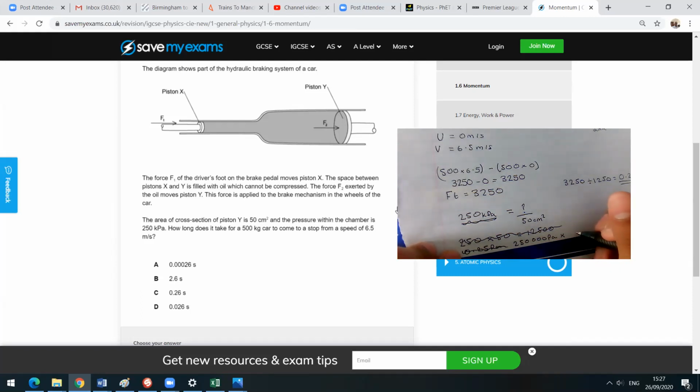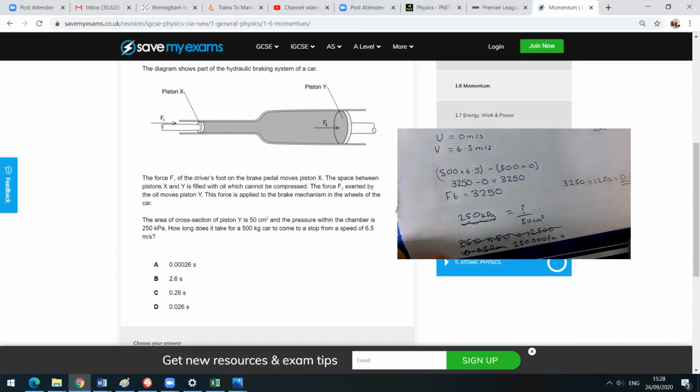Is it going to be 0.005? So what was your conversion factor? Isn't 1 meter squared equal to 10,000 centimeters squared?